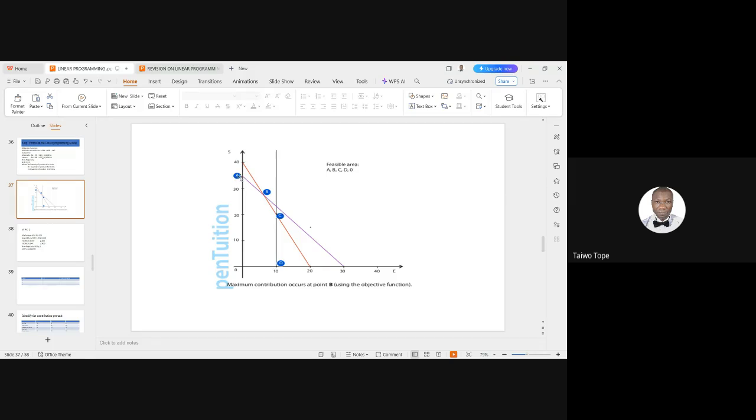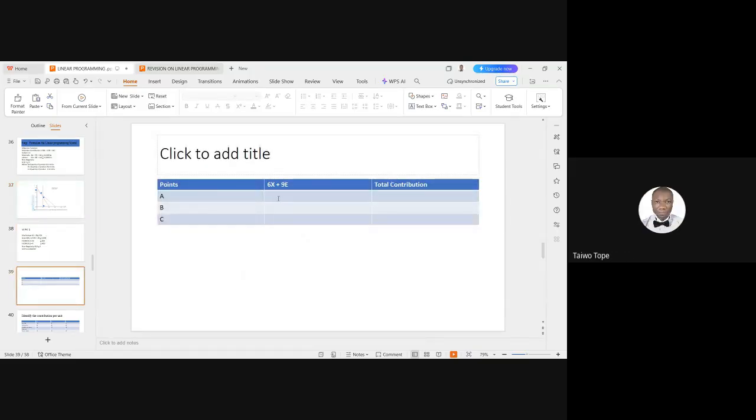This point A here, what value are you having? 36. Fine. So we're going to have 6 into the bracket of 36, plus 9 into the bracket of 0. And this will give you what? 216.